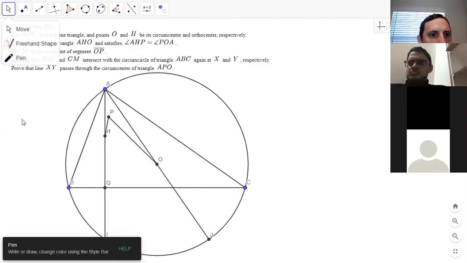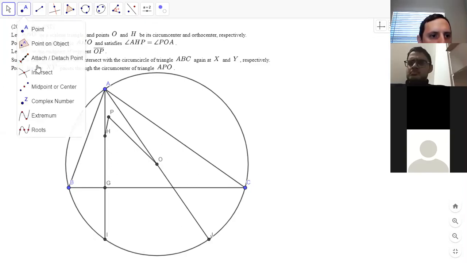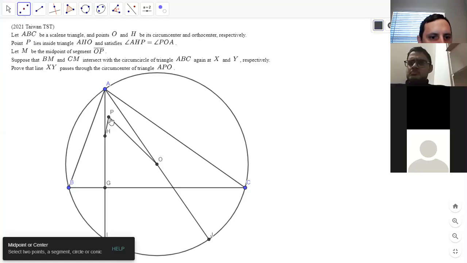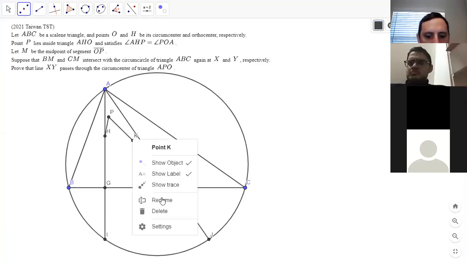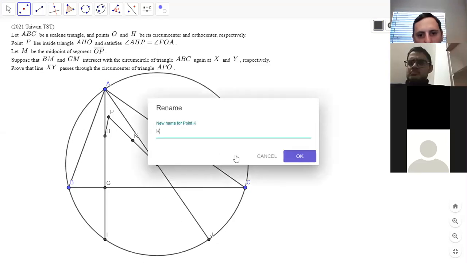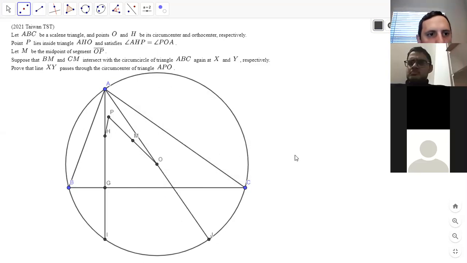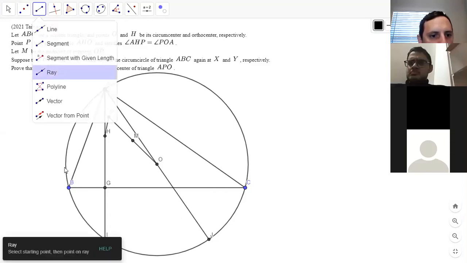Okay, so M is the midpoint of OP. BM and CM intersect the circle at X and Y.